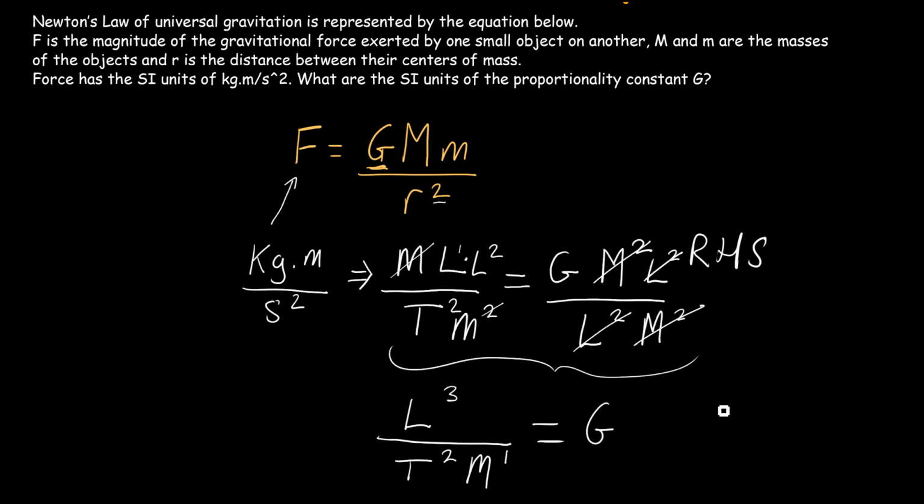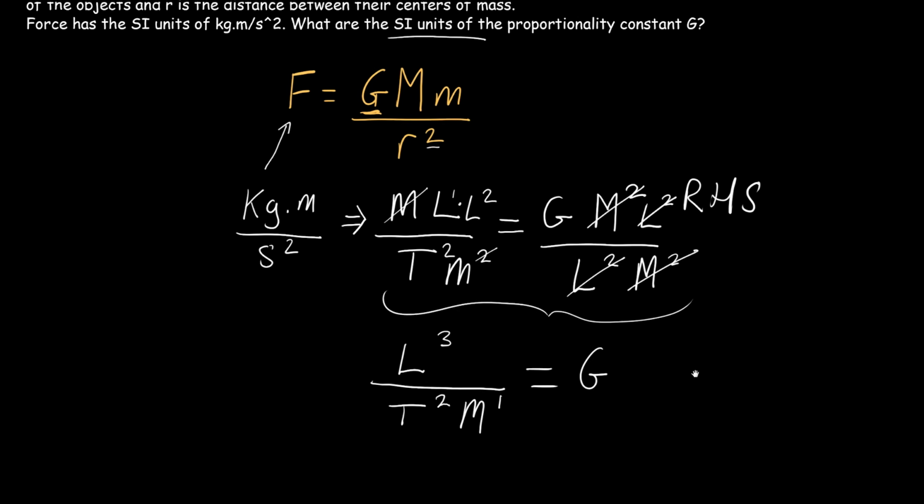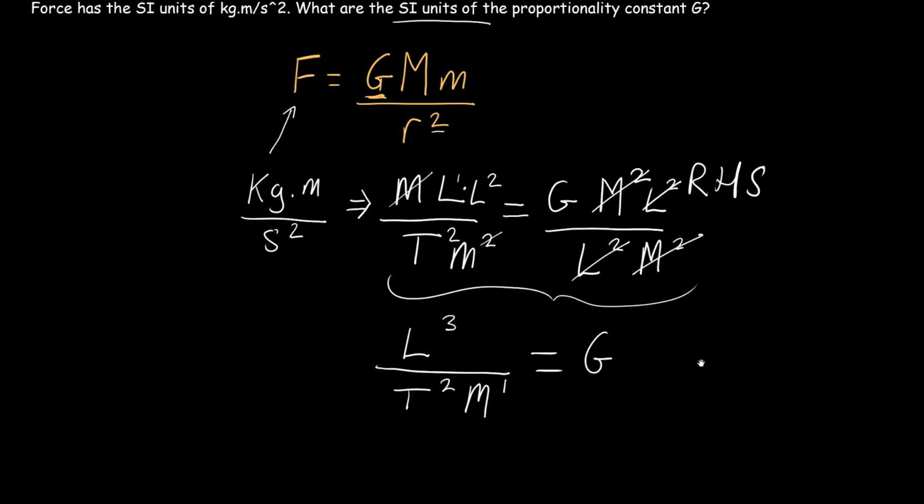Now, the question asks us for the SI units. So we're going to have to convert our dimensions here into standard units, into SI units. So a length in SI units is measured in meters.